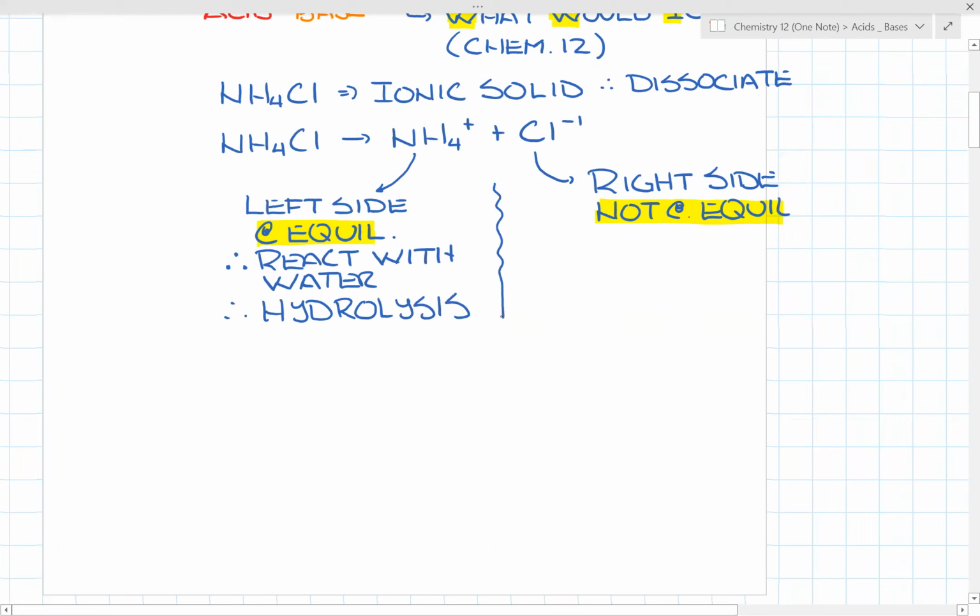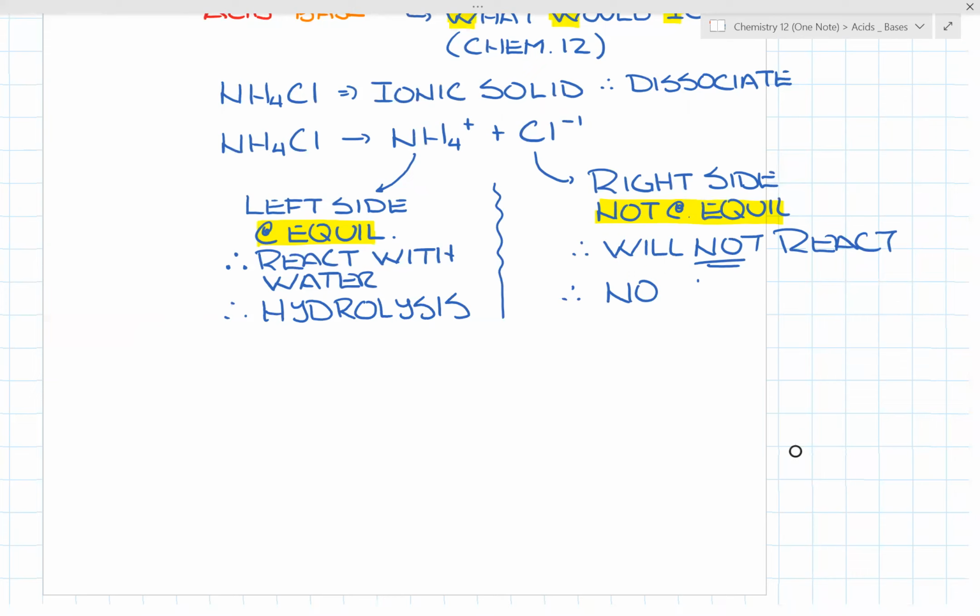Let me just separate this so it's a little bit cleaner. Now, chlorine is on the right side, not at equilibrium, therefore will not react. Therefore, no hydrolysis.